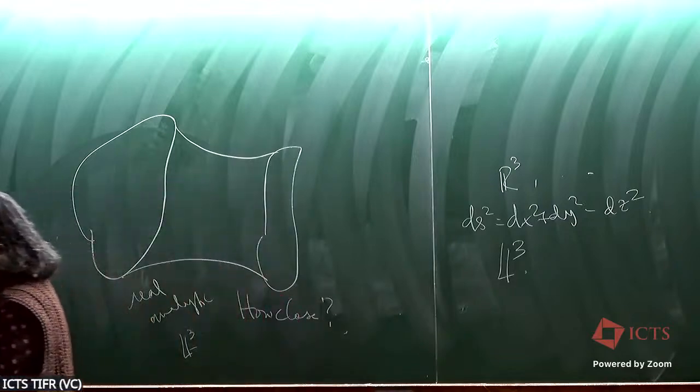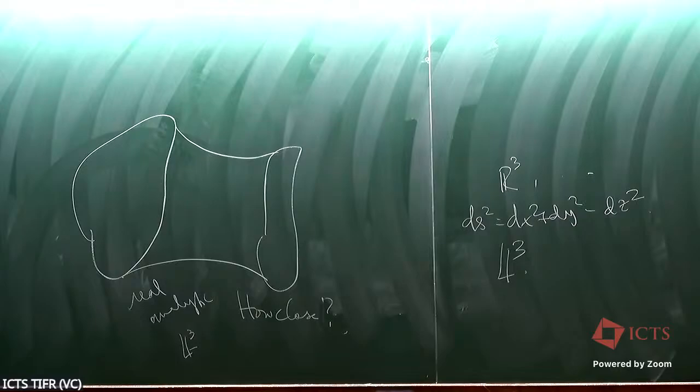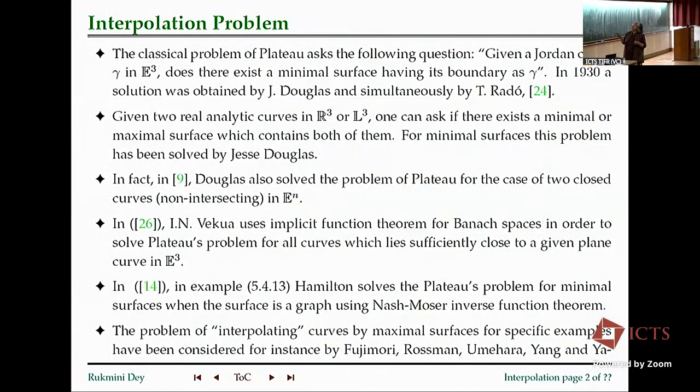And this is a version of what is known as Plateau's problem. It was solved by Douglas, in the case of minimal surfaces in R3. The exact statement about how close they should be has to do with the area.